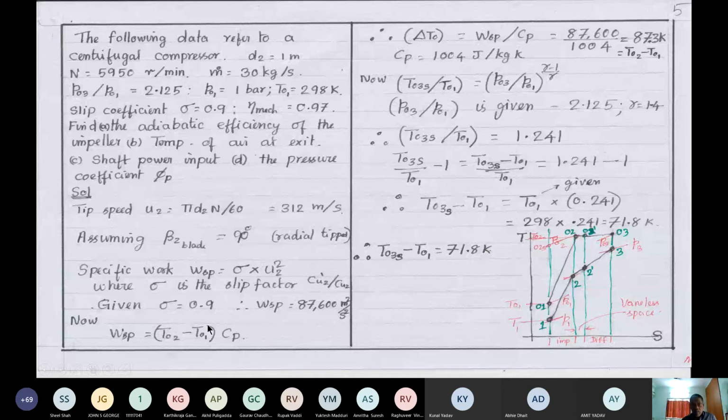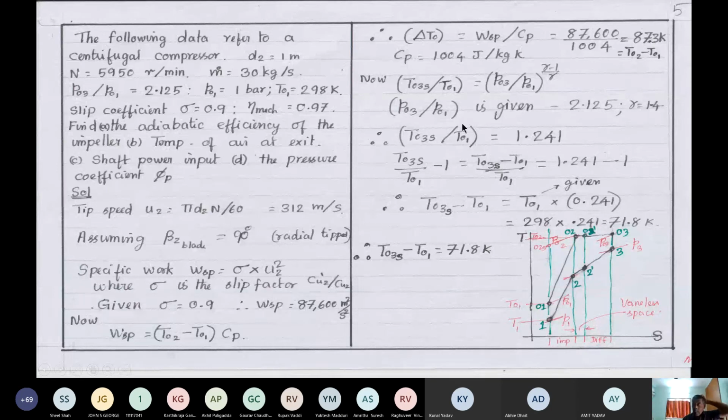Now this W_sp is equal to (T02 minus T01) into Cp. From there, we can calculate the increase in temperature, assuming Cp equal to 1004. Finally, we get T02 minus T01 equal to 87.3 K.